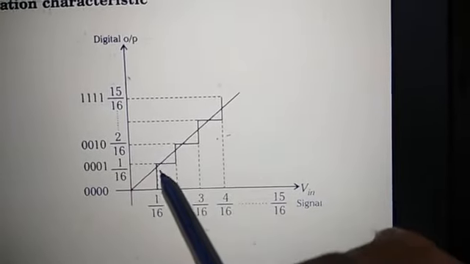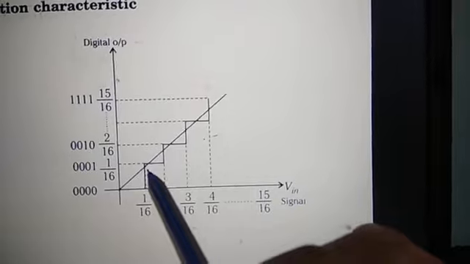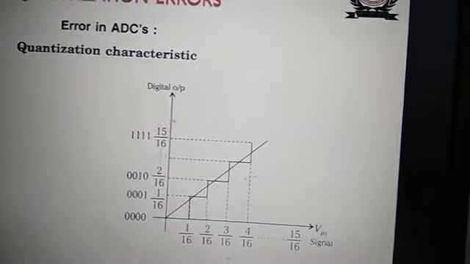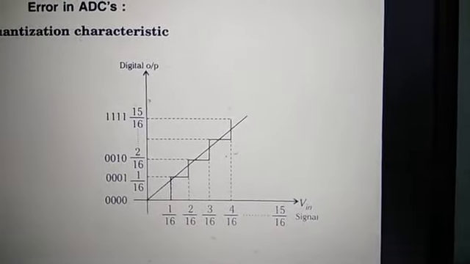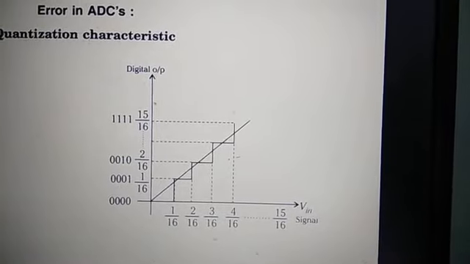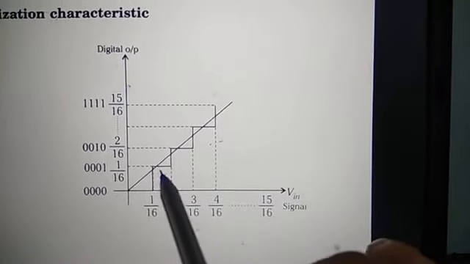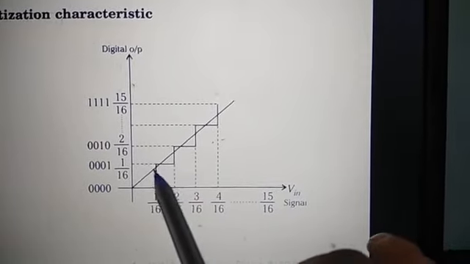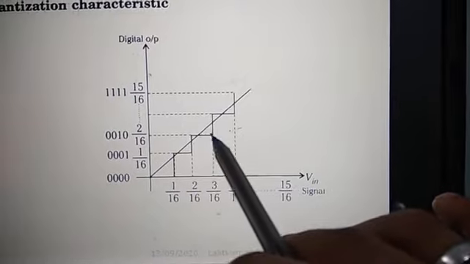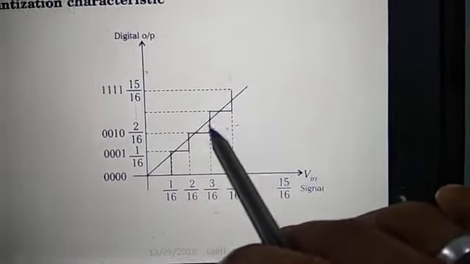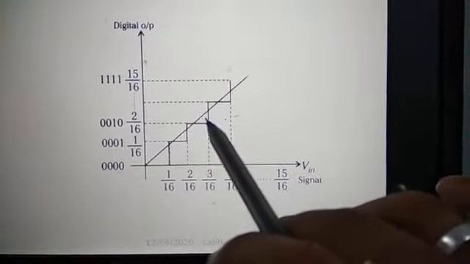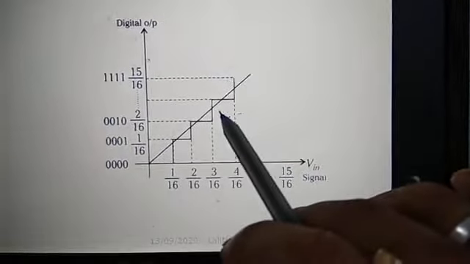If we require 1 by 16, we will consider this point, but just above this 1 by 16, a quantization is required here. This will be quantized at this particular level. So quantization takes place between certain nearby values to a particular value.